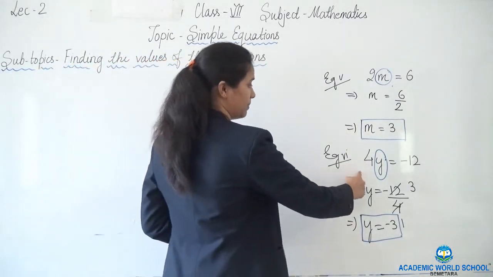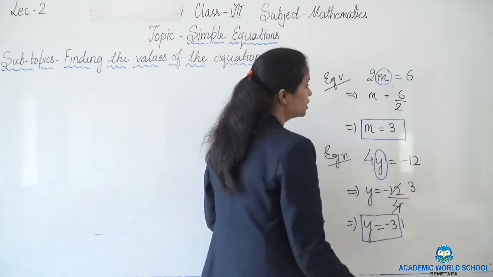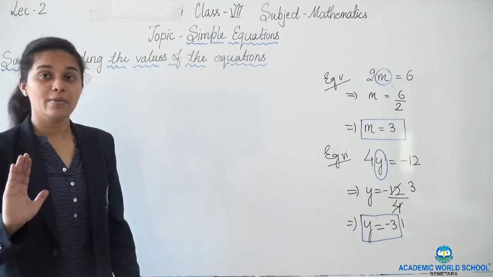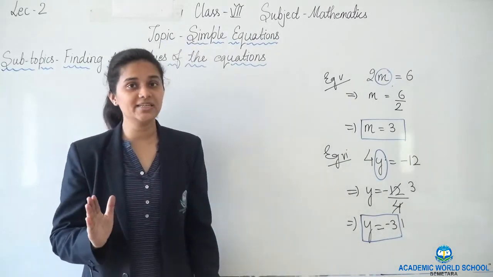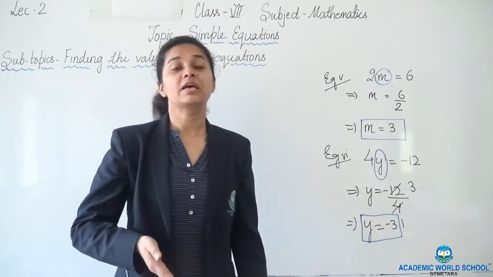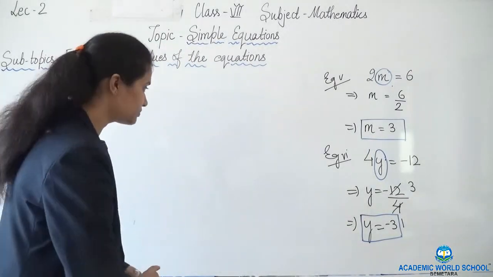Here 4 is multiplied with y, and when it changes its sign, it will be dividing 12. Plus when it changes its sign becomes minus, and minus becomes plus. Similarly, multiplication becomes division.